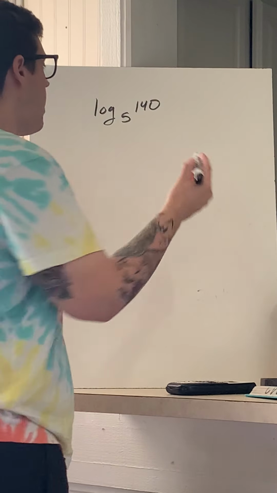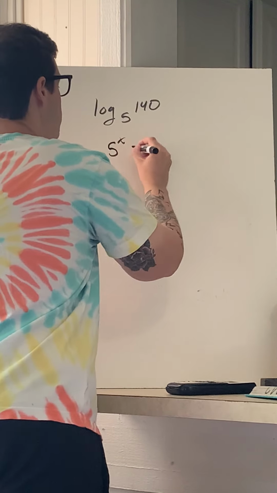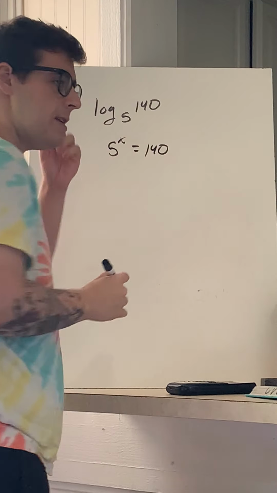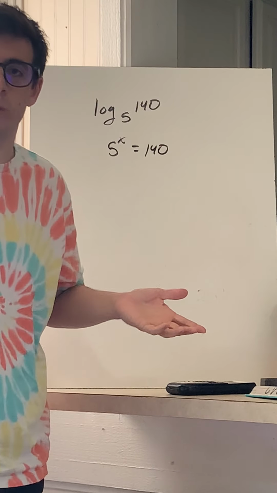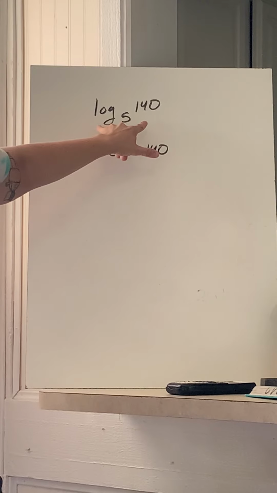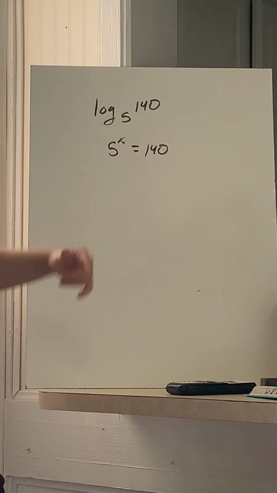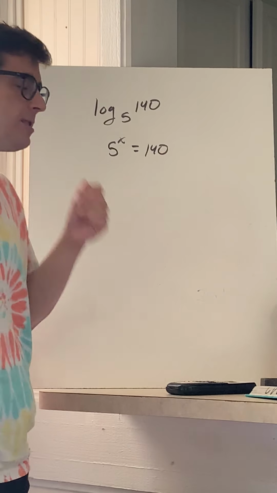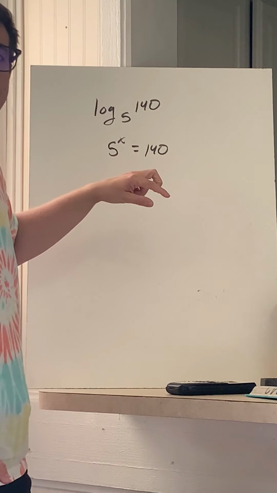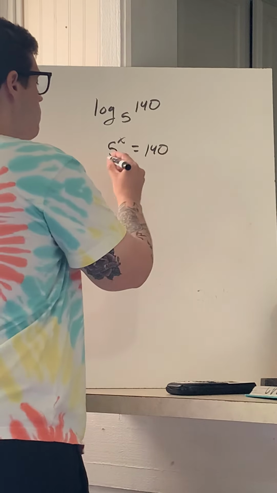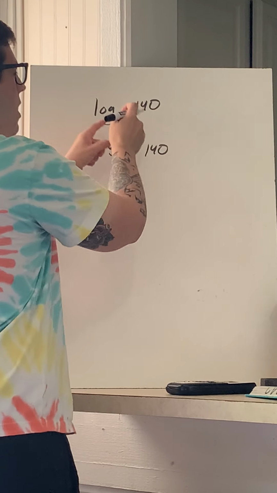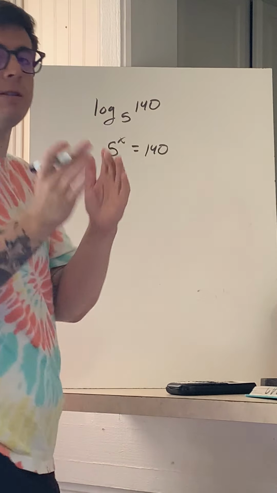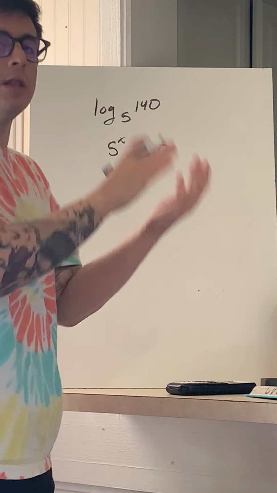You can also try to set it up like 5 to the x equals 140, but that doesn't really get you any closer. If your technology does not allow you to do that, and in some cases it won't in the future or on certain exams, then you have to be able to convert that. Remember, all you're doing is taking log base 5 of 140 and turning it into something with a more computable log base.